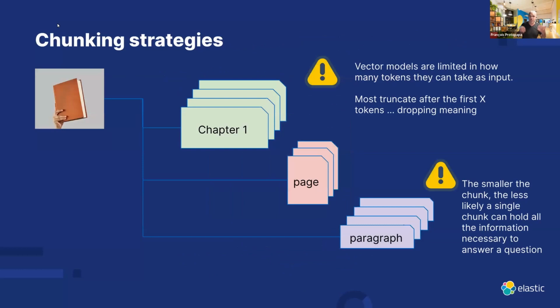Well, as I mentioned before, vector models have a limit in how many tokens they can handle as an input. Then you need to find the right token dimension. But now the challenge is choosing between a small or a large chunk, or token. Smaller chunks are easy to manage, but could miss broader context, right? Because the smaller the chunk, the more precise the vector is.